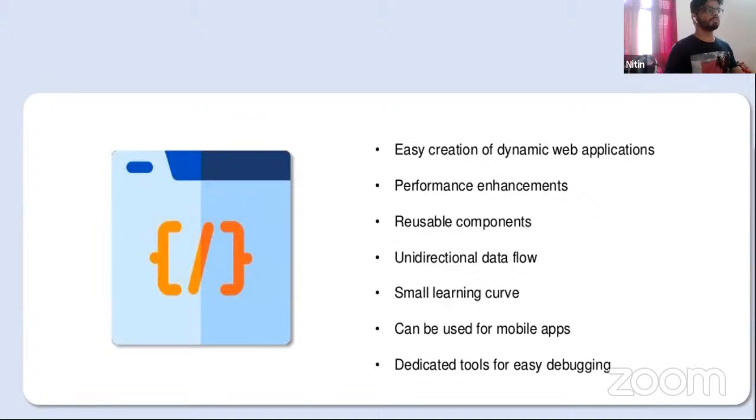If you have done debugging previously in any of your courses or side projects, you make debug points and look at what data is coming and what data is going. That's what they allow us to do. Those extensions allow us to see the state and props in React, which we will discuss later, and check what the state and props are at the current moment when we are checking.